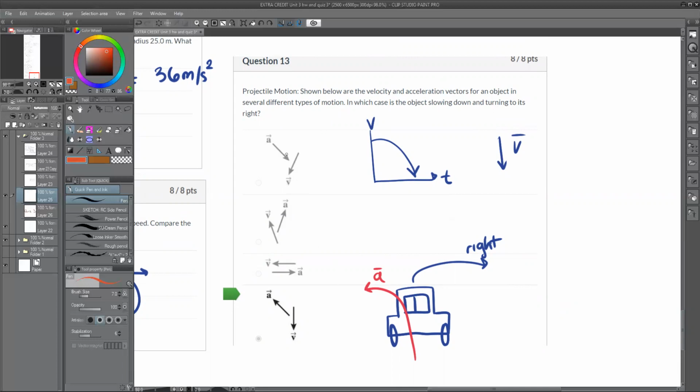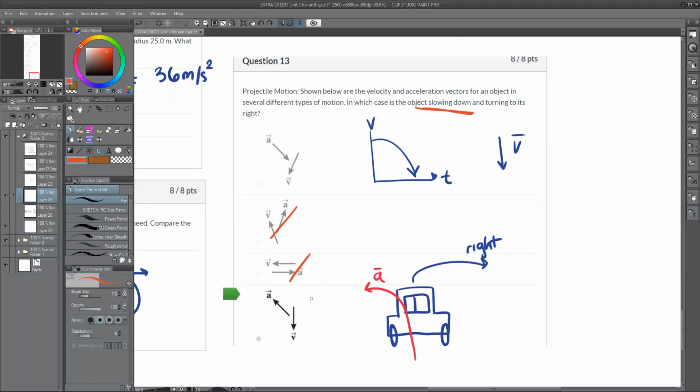So we know that the velocity is slowing down because the object is slowing down. So velocity cannot be going up, and velocity cannot be going straight to the left-hand side, because this is indicative of it being constant towards the left-hand side, and that's not true.